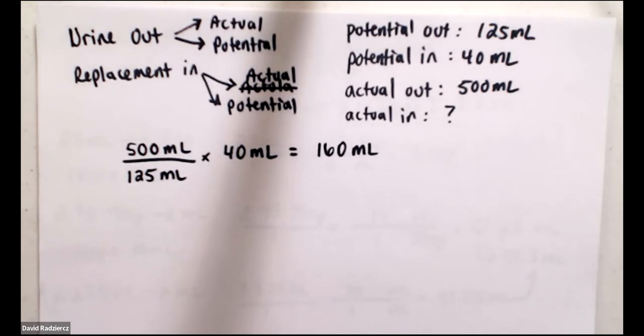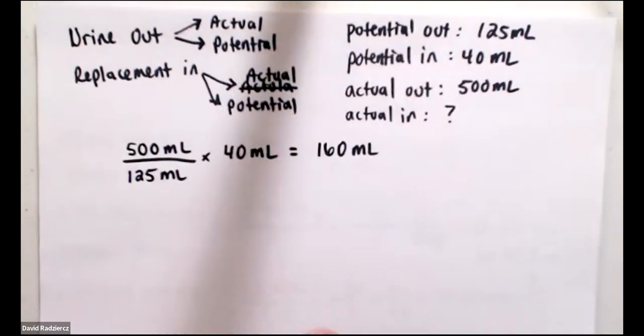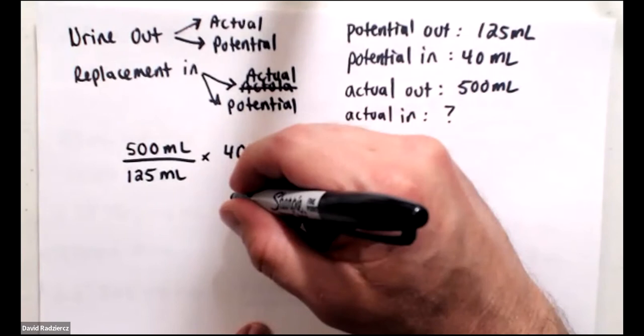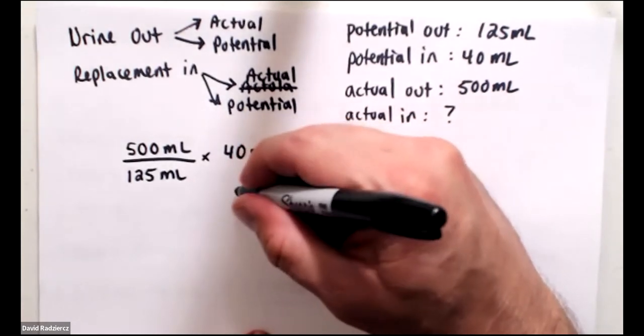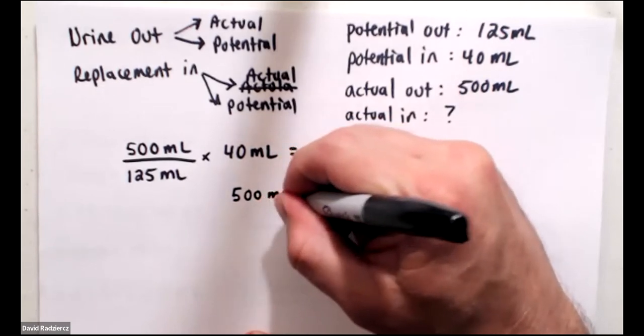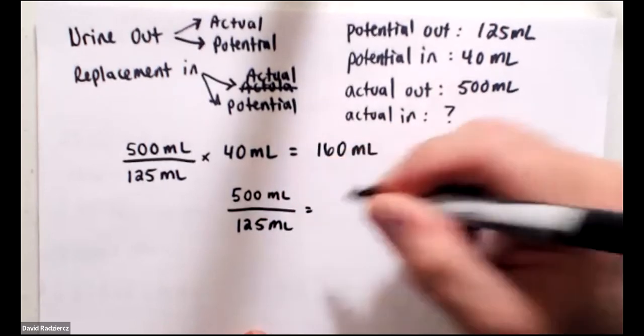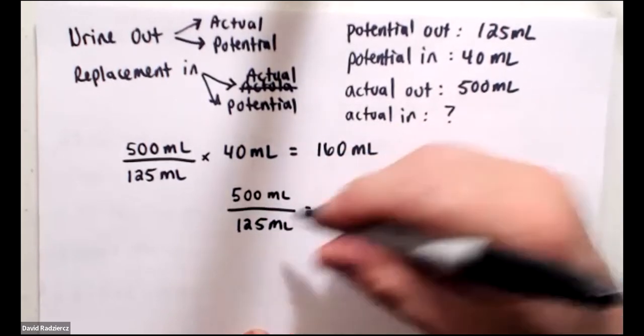If you're someone who likes to get fancy with their math, and I know none of you are, but if you do, you can put your actual and potential on opposite sides of an equal sign and make a ratio question. Meaning, I put my outputs on one side, so 500 milliliters, 125 milliliters, and then I put my inputs on the other side, I just need to match them up.